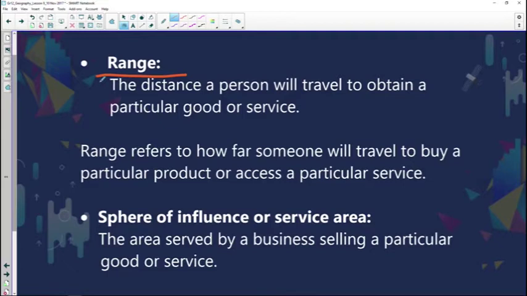Now, very importantly over here again, we're coming back to low order services and goods and high order services and goods. I am willing to travel very far to go and buy myself a Ferrari because obviously it's a very expensive car and not many places sell it. I will be willing to travel very far to go and see a specialist like a neurosurgeon to get myself better.